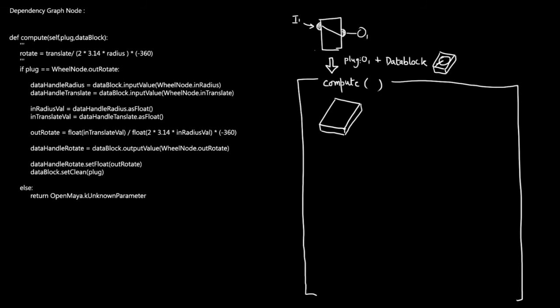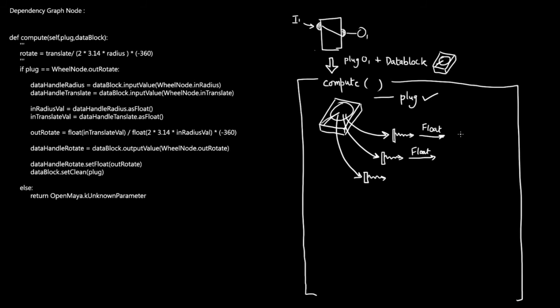The first thing is we checked here whether the plug is correct or not. If we found the right plug, we would extract the information from this container, and the information extracted would point to something which is not readable. It's pointing to something inside that data block. Now we want to extract the readable value. So as soon as we ask it to give us a float value, it would give us a number, and based on this number we would perform our calculation, which would give us a result.